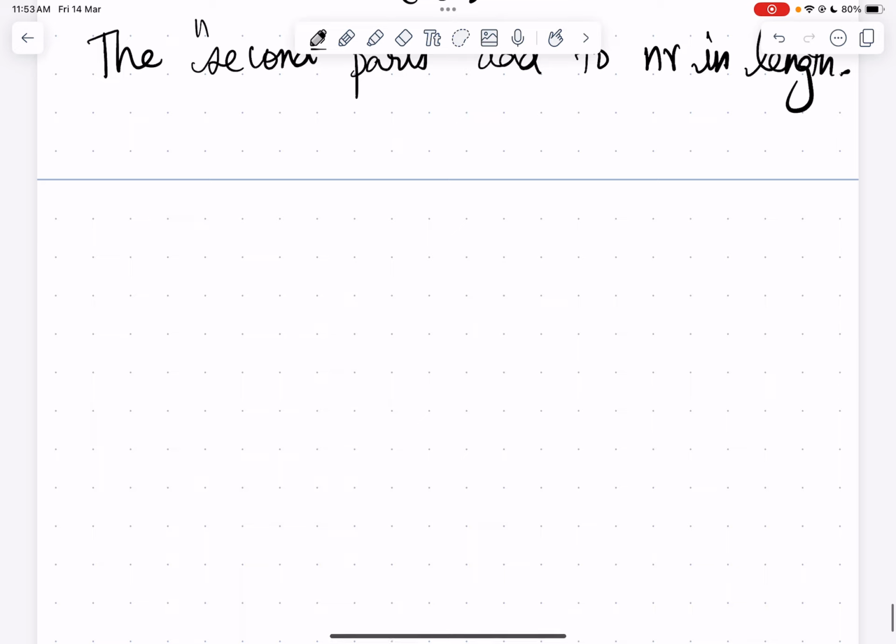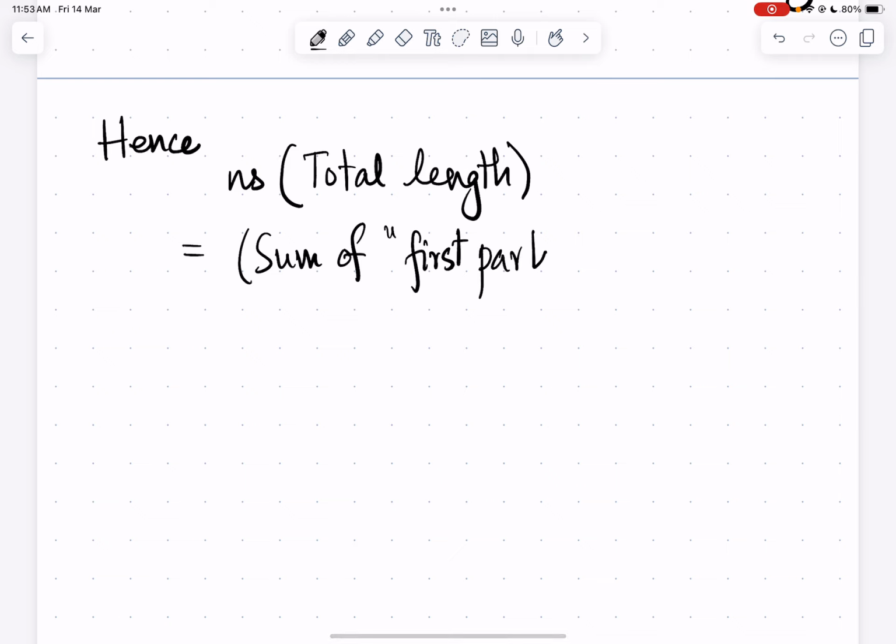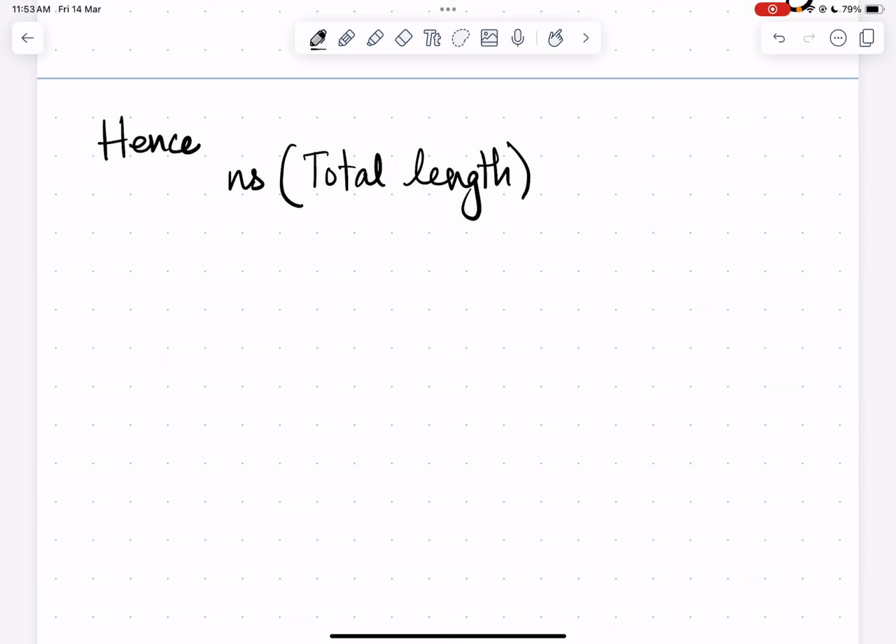Hence ns times total length equals ms plus nr, as needed.